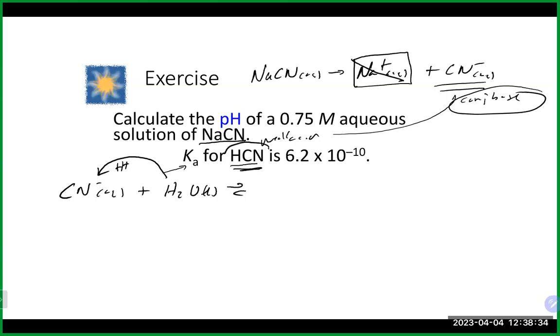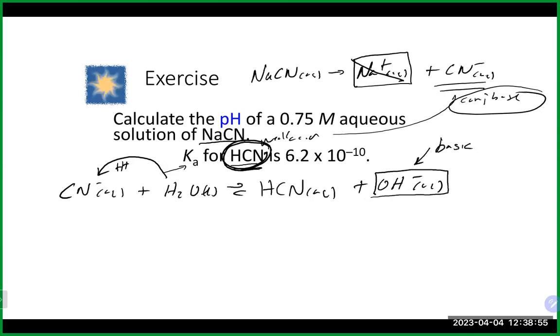It will always make where it came from, which is the HCN, and will produce hydroxide as it is coming from a weak acid. And just like before, we should know our answer should be basic because we are producing hydroxide. Any questions on that?